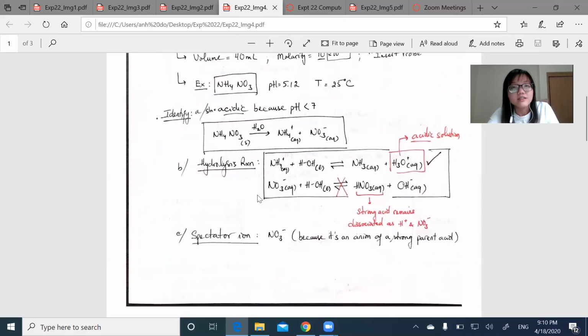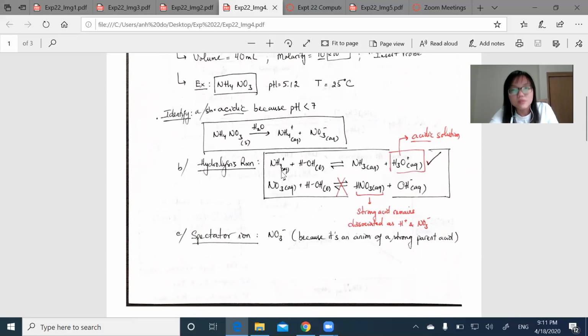And then the next thing you would have to do is write a hydrolysis reaction. When the salt is dissolved in water, the cation and anion will dissociate from each other, so you would be forming an ammonium ion and a nitrate ion. Next, you would be writing two hydrolysis reaction equations, one for each of the two ions.